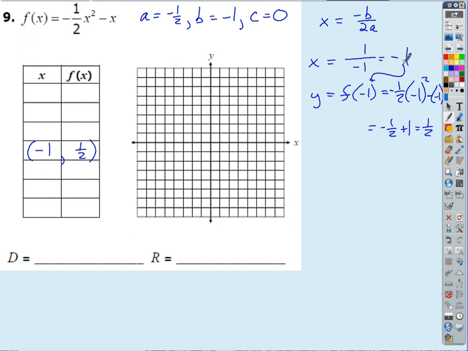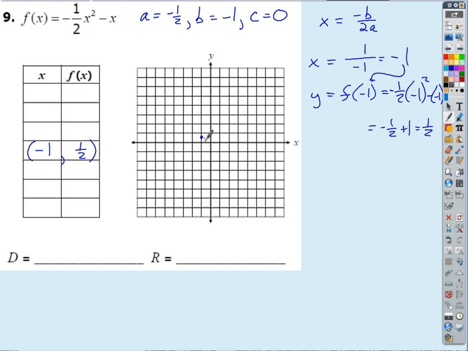And if I evaluate the function at -1, I'm going to get 1/2. Everybody agrees, so my coordinates of the vertex are going to be -1, 1/2.